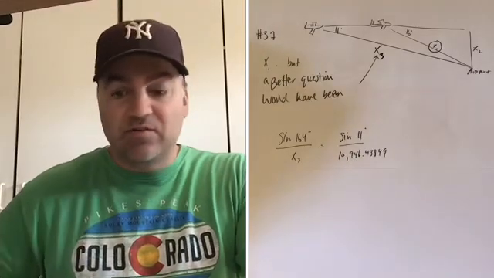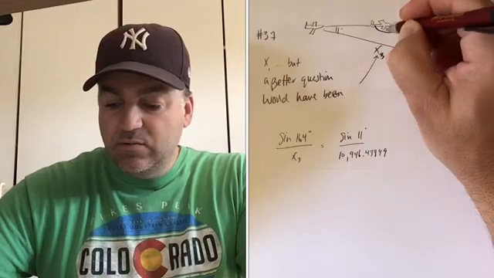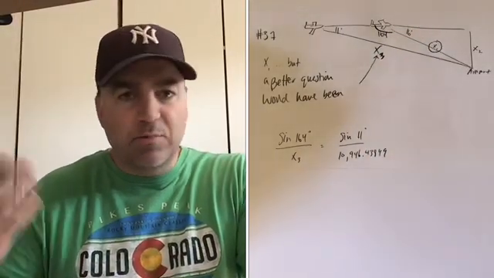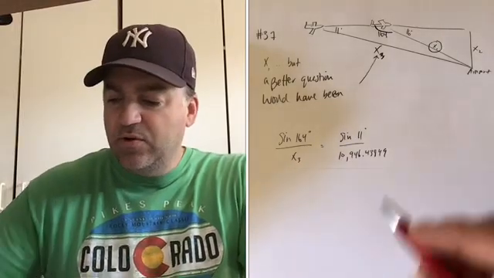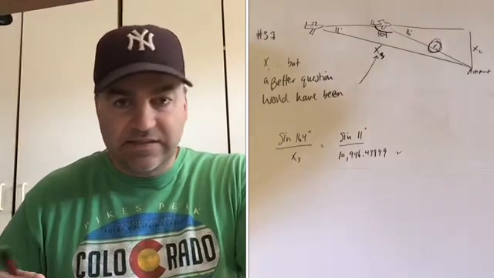That's a law of sines problem, because I know that this angle right here was 164. That's from the previous problem as well, from number 36. And I know that x1 was 10,946.